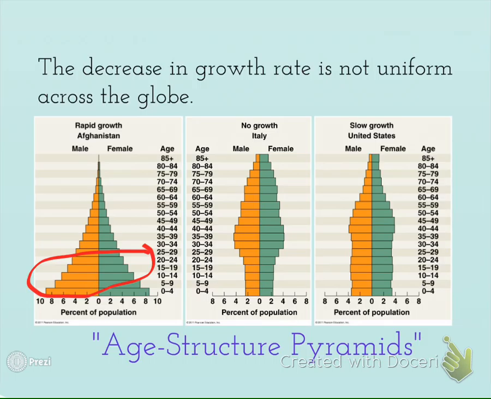But if you look in the middle, Italy, there's no growth. They have a greater concentration of people in their 30s and early 40s. They've probably already reproduced. And so their population is going to get older as time goes on. And they're probably birth rate equals death rate. And then United States, we have a much more distributed age structure pyramid, so we have pretty slow growth. Okay?